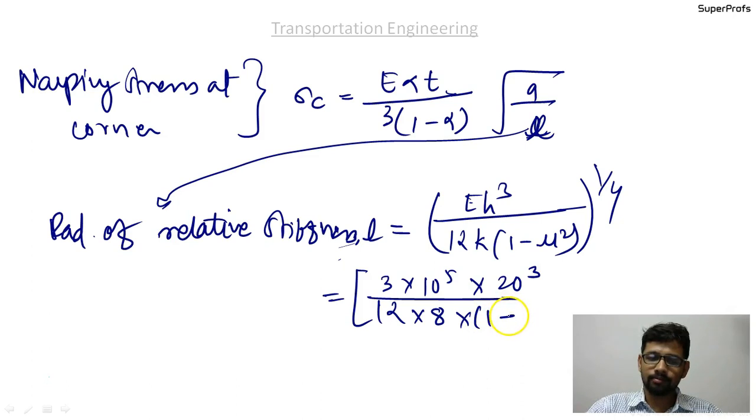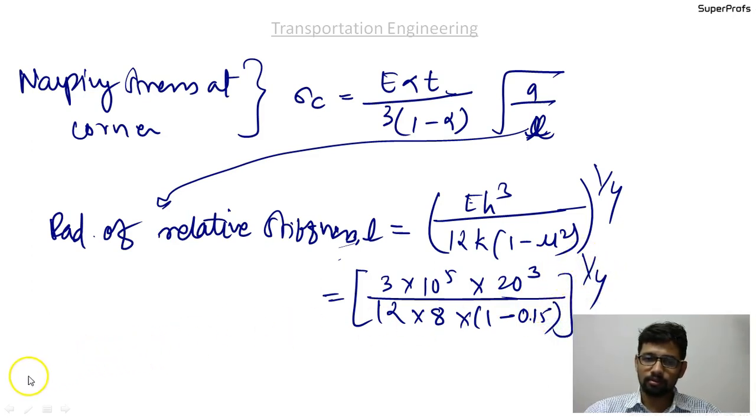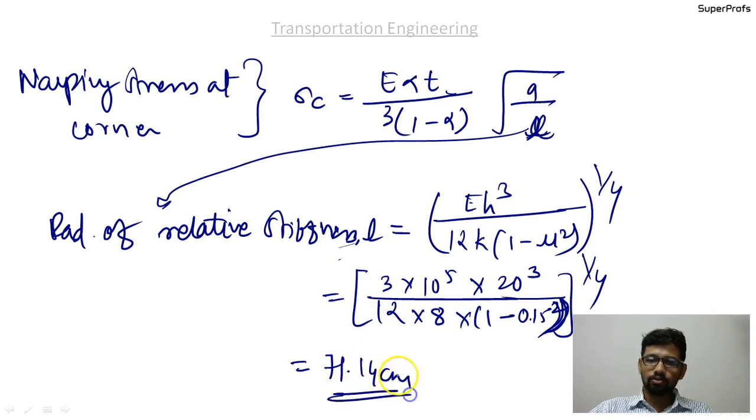Mu is 0.15 and the square of it. Don't forget that it is inside the bracket. Please calculate and tell me. You get 71.14 centimeter as the length of relative stiffness L, and you will have to put this L value in this formula.